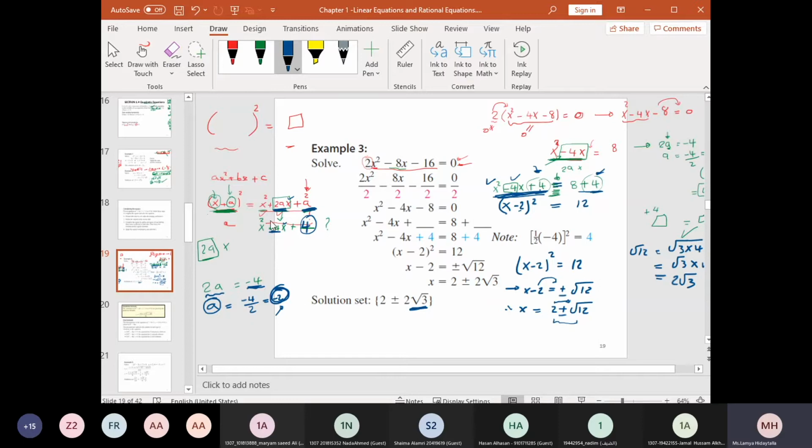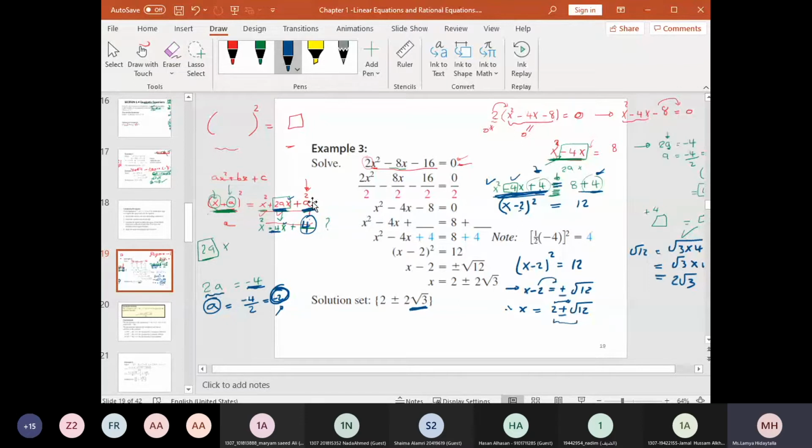Already I have the x square here and I have this 2ax, which is minus 4x. So what is missing? When I compare this part with this part, minus 4 is 2a. So what is a? If 2a is minus 4, then a is minus 2, correct? So I know the a is minus 2.